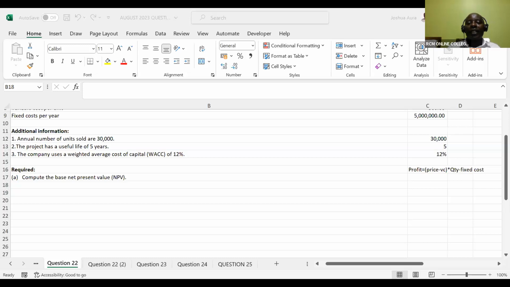You're holding both of them at the same time. And then you press equals.